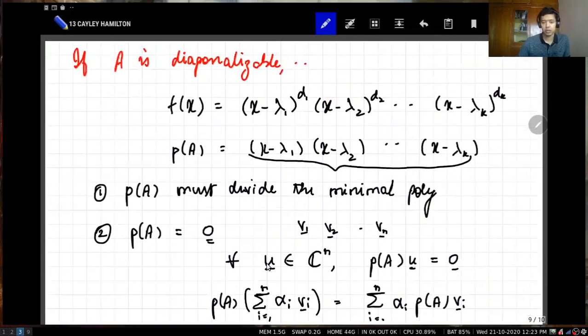Then it will turn out that the minimal polynomial will have repeated roots, and we can in fact show later that if the minimal polynomial has repeated roots, then it is not diagonalizable. So clearly, if the matrix is diagonalizable, then the minimal polynomial will not have repeated roots, right? But the fact that this is sufficient is still a non-trivial fact.